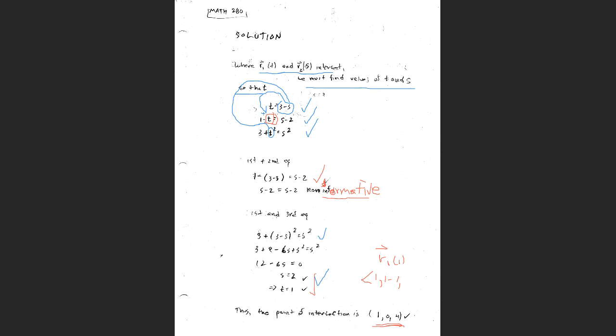You get 1, 1 minus 1, and then you get 3 plus 1 squared, which is 4. And similarly, if you take s equals 2 and you plug it in the second space curve, you also get 1, 0, 4. Right. All right. Very good.